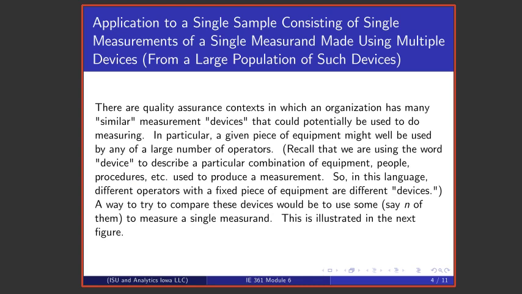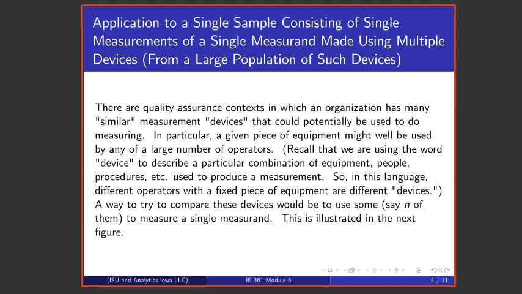And so for a next application of these one-sample methods, we're going to consider a situation where one has many similar measurement devices that could potentially be used to do measuring. The most common kind of application of this would be where one has a number of different operators that could use the same physical piece of equipment to produce a measurement.